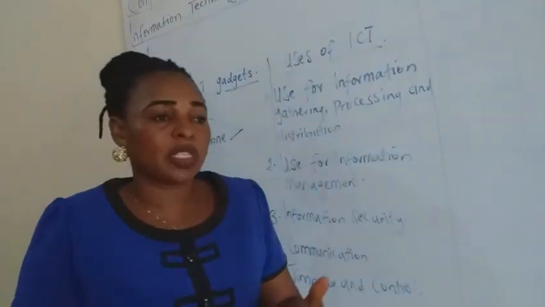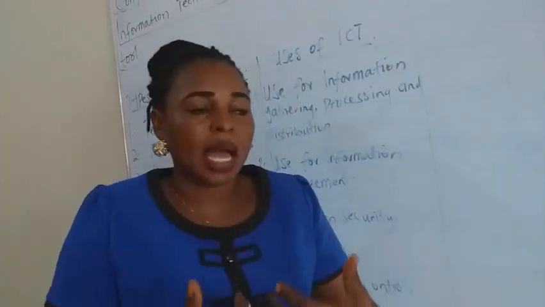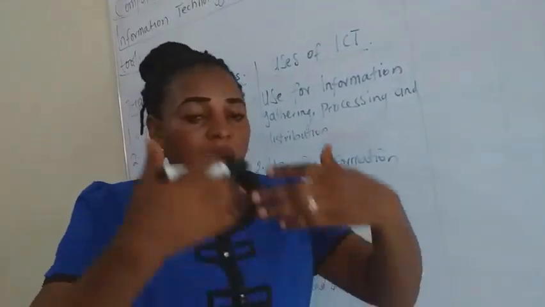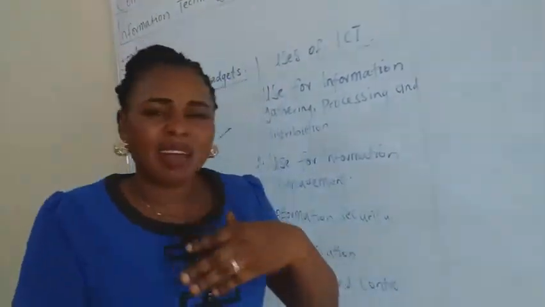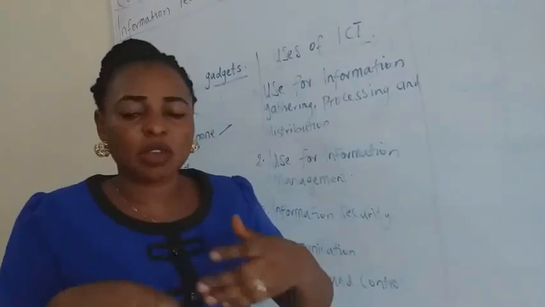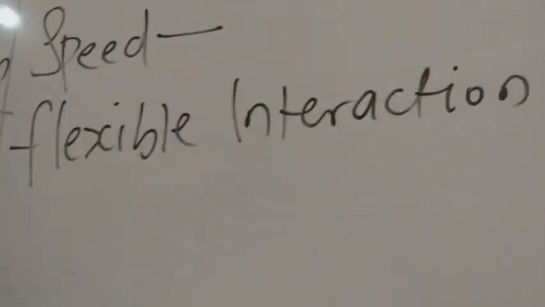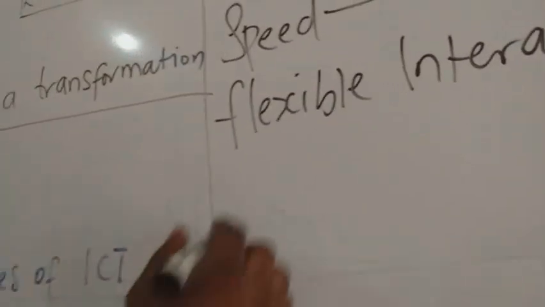Or I want the person to see where I am, how I'm sitting, how I'm dressed, how I'm talking to the person. I do a video and send to the person. There are very different means of interacting with people when you are using ICT gadgets. That is an advantage.